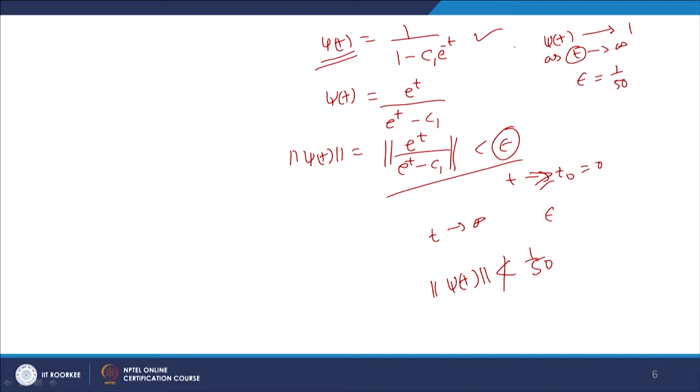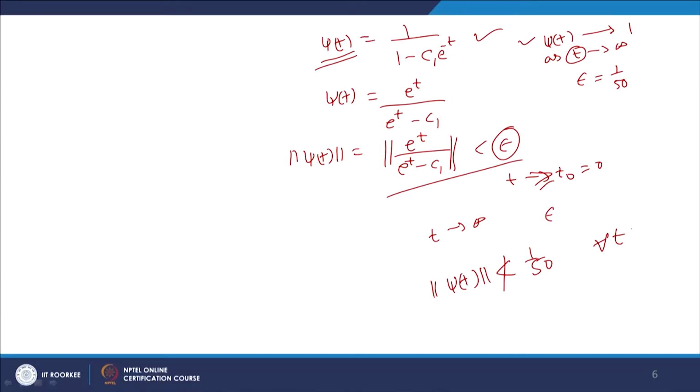Because as t tending to infinity, your psi t is tending to 1. Is it okay? So for a given epsilon, which I am choosing as 1 by 50, I can find a time t such that the norm of psi t is bigger than 1 by 50. This should be true for all t greater than t naught, that is 0 here. Since it is true for all t, in particular I can choose a very large value of t.